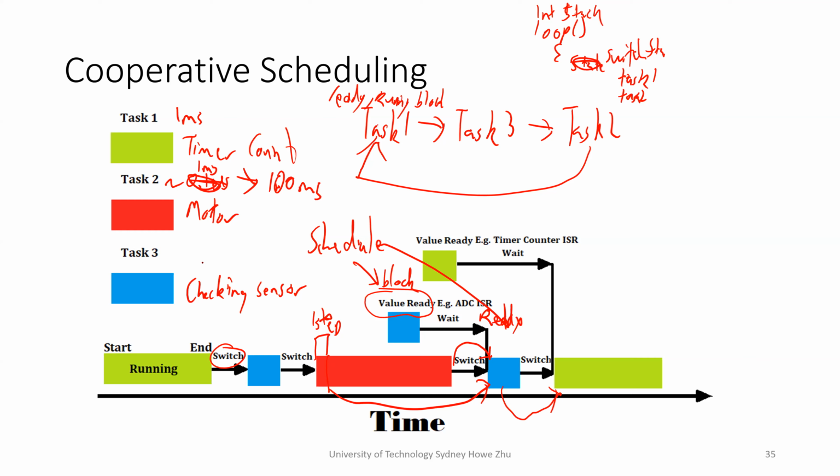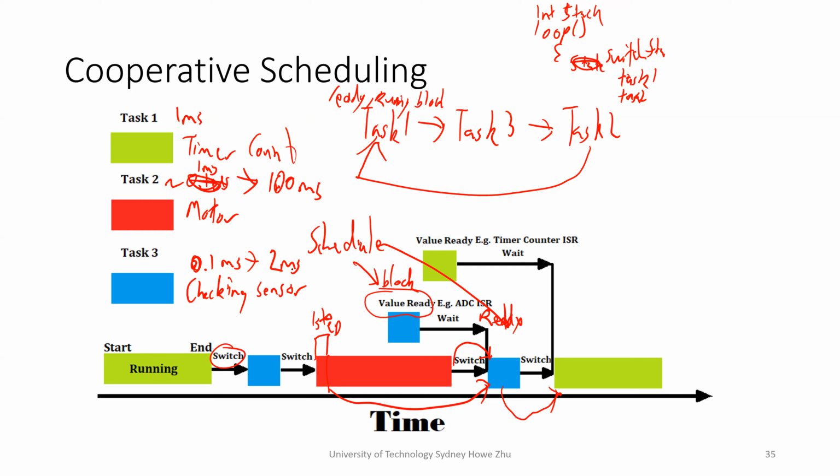And check sensors could take 0.1 microsecond, or maybe 2 milliseconds. The problem is with cooperative scheduling, you don't actually know this. It depends on whatever settings are coming in and whatever input variable you have. So with cooperative scheduling, your system is not very precise with timing.